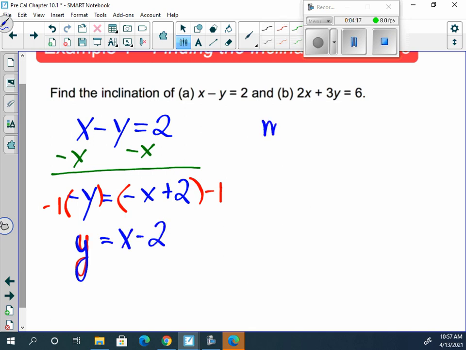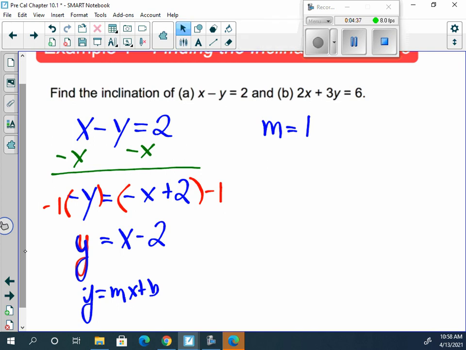Thus, our slope is 1, because it's going along the form y equals mx plus b, where m is our slope.